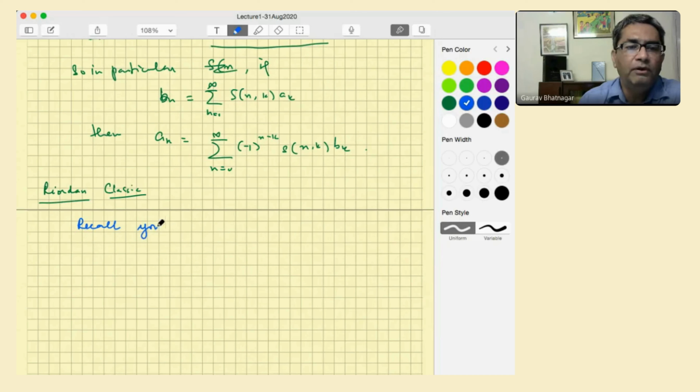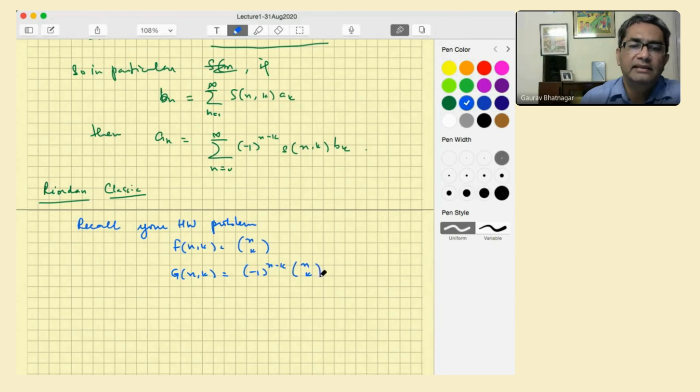Recall your homework problem. So you had F(n, k) equal to n choose k, and your guess, what is your guess? Is that what you guessed?